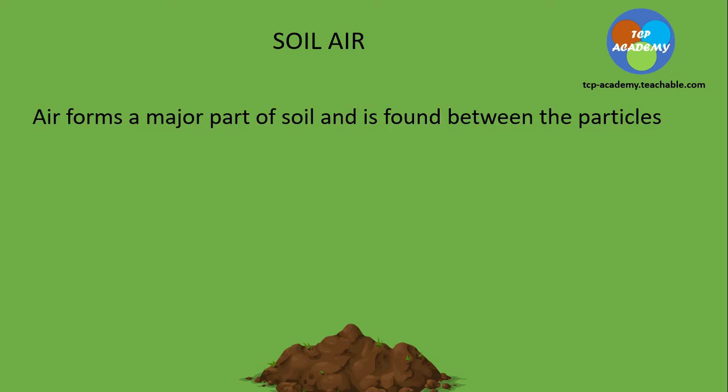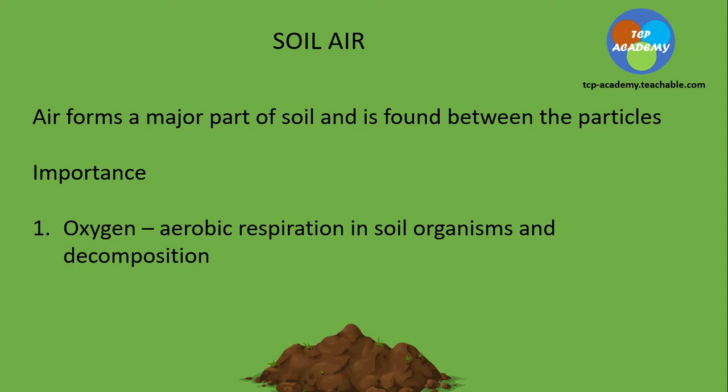Soil air. Air forms a major part of the soil and is found between the particles. Air is a mixture of gases. So the syllabus wants us to look at oxygen, which is responsible for aerobic respiration in soil organisms, and it's also very important for the process of decomposition.